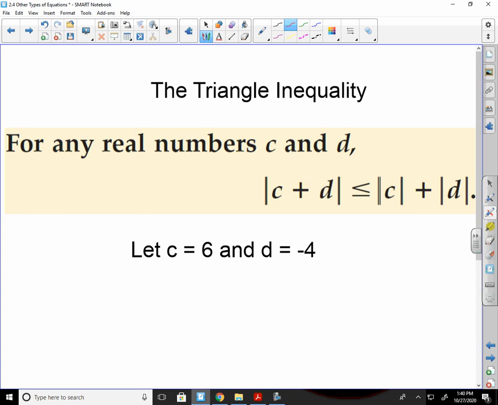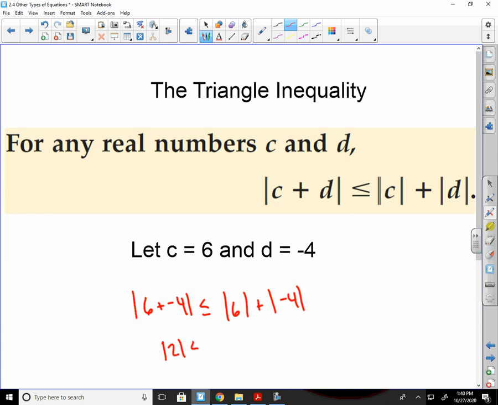If I had c being 6 and d being -4, and I plug those in, 6 plus -4 has to be less than or equal to the absolute value of 6 plus the absolute value of -4. This will always be true. If I do 6 plus -4, that gives me 2.